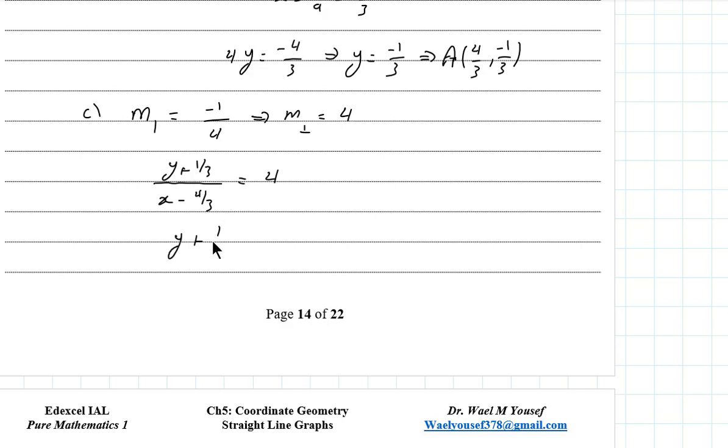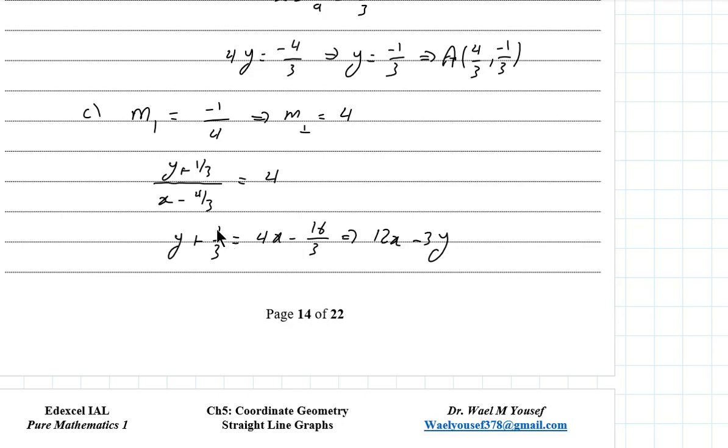Is equal to 4. Cross multiplication, so we have here y plus 1/3 is equal to 4x minus 16 over 3. Multiplying all the equation by 3, so we can get what? We can get 3 times 4x will be 12x, and then 3 times y will be 3y, and the negative sign, minus 3y.